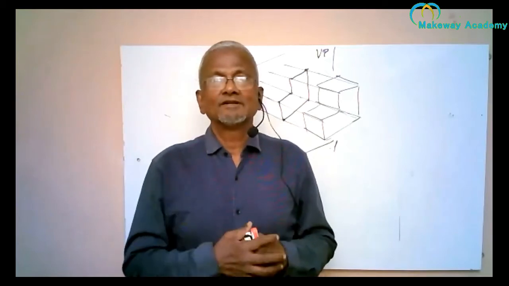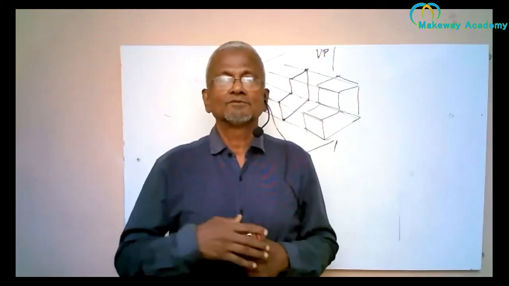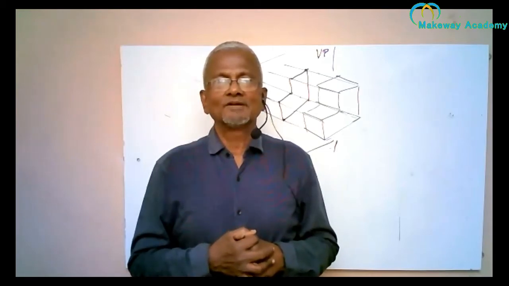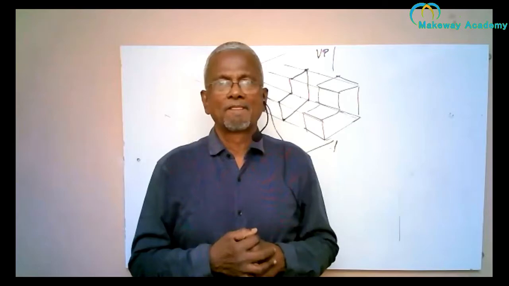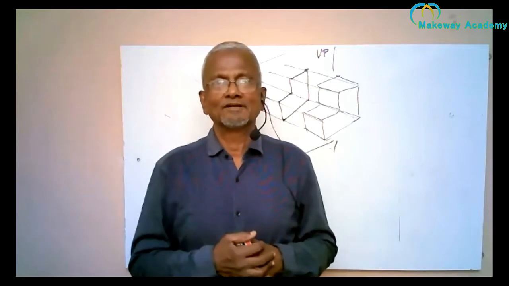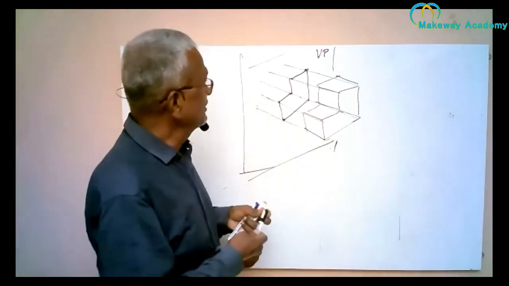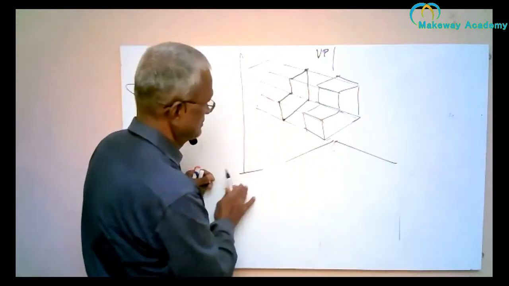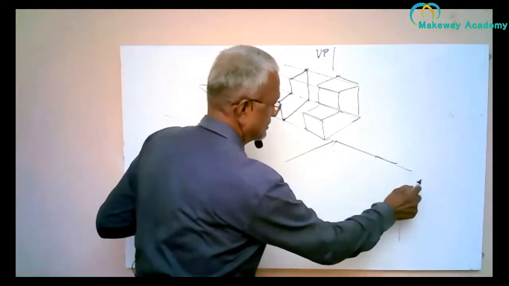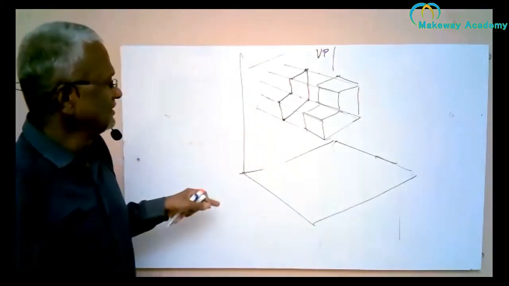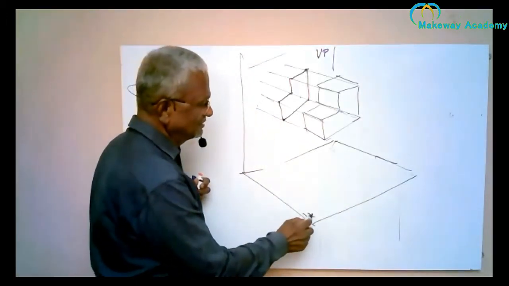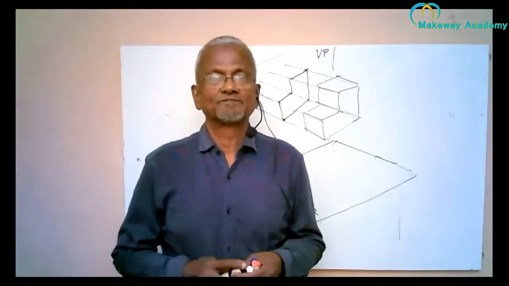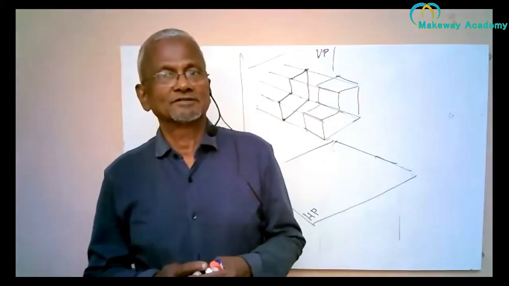So for that, we need to project the object onto one more plane. That one more plane will be kept perpendicular to the previous plane. So I need one more plane. This is one more plane. And since it is kept horizontally, I call this the horizontal plane. So now I have two planes mutually perpendicular to each other.